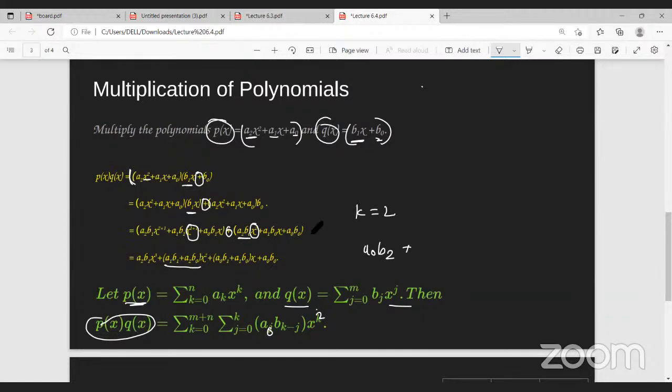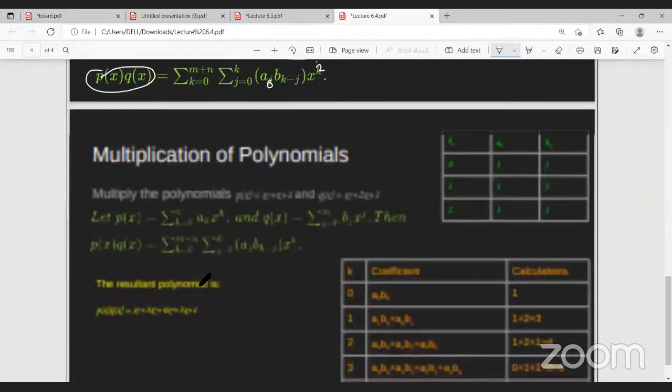We are just adding coefficients having the same degree. Same goes for this also. So that's it.